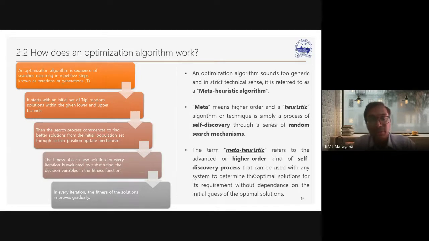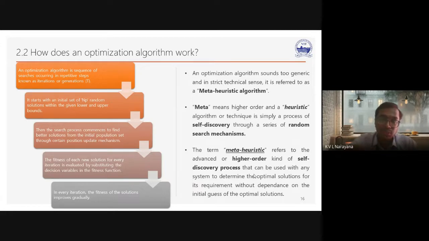Based on that, the metaheuristic optimization algorithms are categorized into many. For example, I am going to consider one metaheuristic optimization algorithm in this presentation, that is social group optimization. In social group optimization, the search mechanism is the interaction of people among themselves.